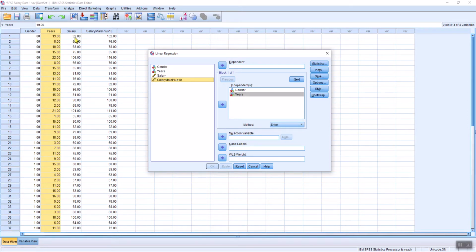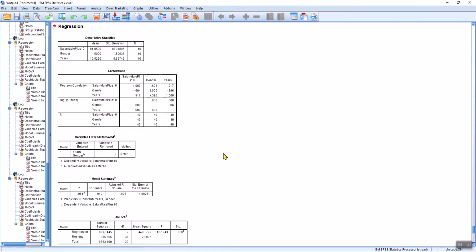This male got his salary went from 92 to 102, 66 to 76, etc. Whereas the females did not have any bump at all. They did not get any increment, any bonus at the end of the year. So this is the male bonus of 10,000. So we're going to run this again with salary plus 10 as the dependent variable and see what happens.